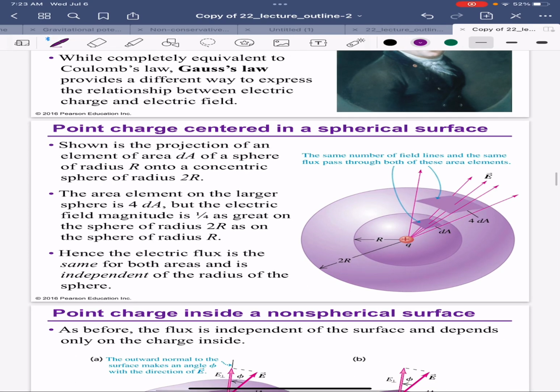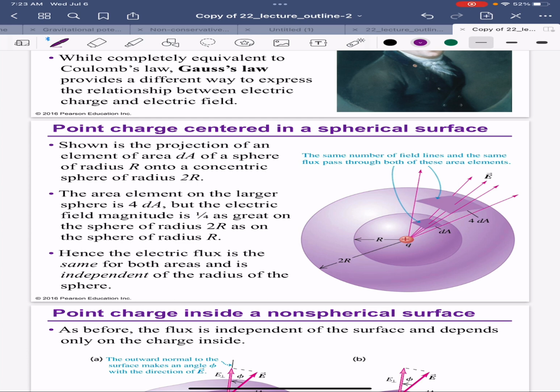Now, if we look here at a point charge that is centered in a spherical surface, we're going to see that the field is going out of the surface. And we have here two surfaces.